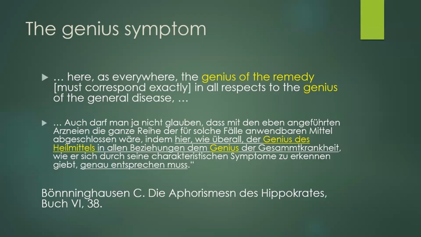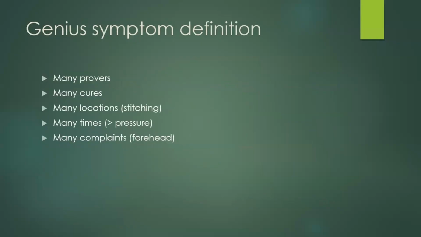And the genius symptom is the symptom that is there everywhere and runs through the remedy. You see the yellow mark: the genius of the remedy must correspond to all aspects of the genius of the general disease. So remedy, materia medica, disease, patient, okay? So the short of it is the definition.